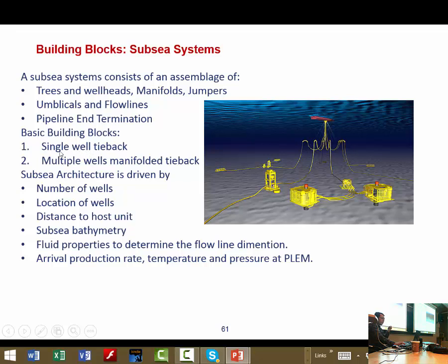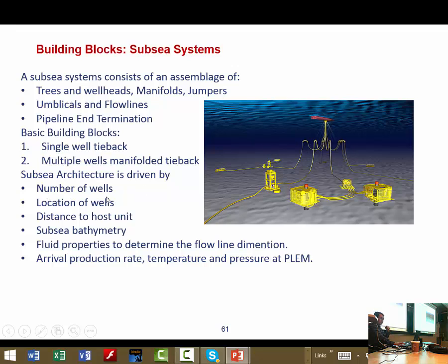You can have a single well tie back to the floating production unit, or if you have several wells, you can connect several wells together by a manifold and then tie back this manifold, as you can see, for example, here, to the floating production unit.